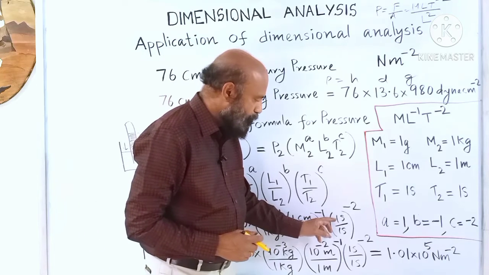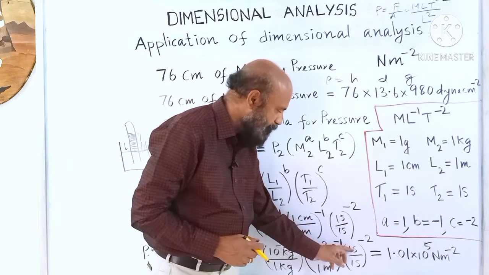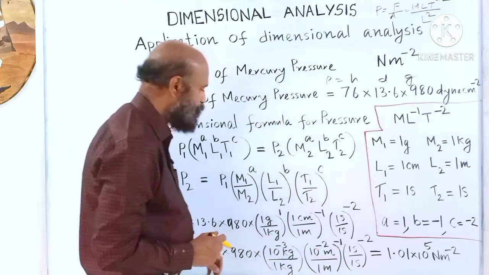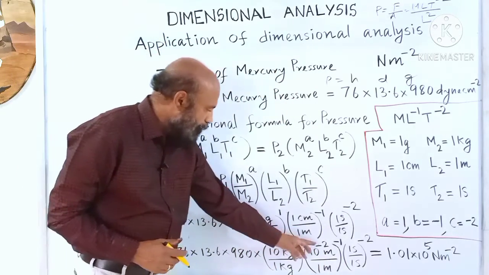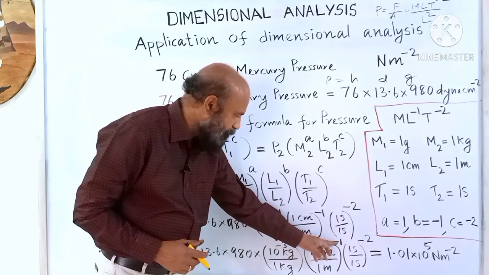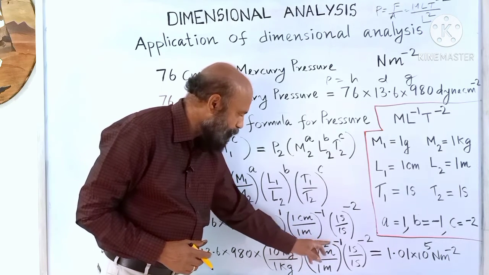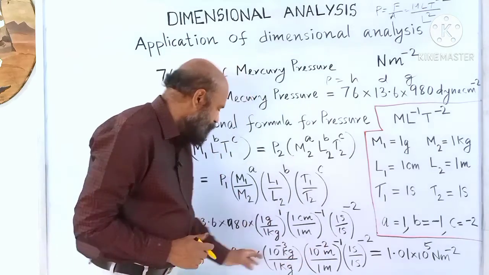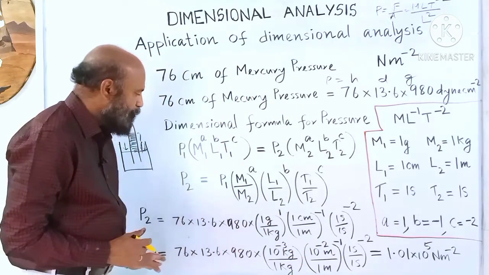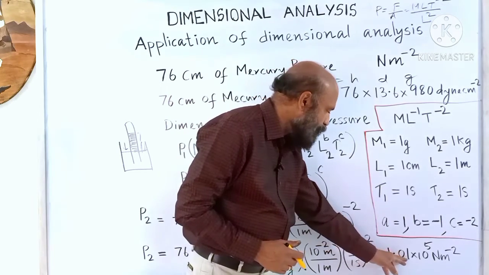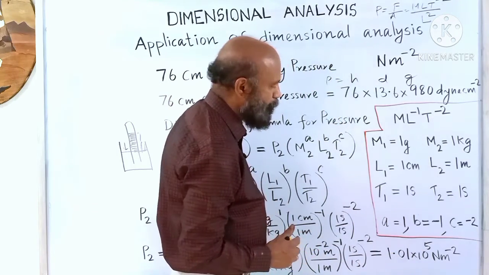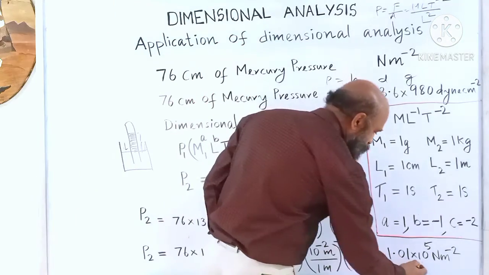Then in both systems time is measured in seconds, so you need not change there. Then here minus 2, and the outside power is minus 1, so minus into minus, this power will become plus 2. Then you multiply this, and you will get the answer, 1.01 into 10 raised to 5 Newton per meter square.